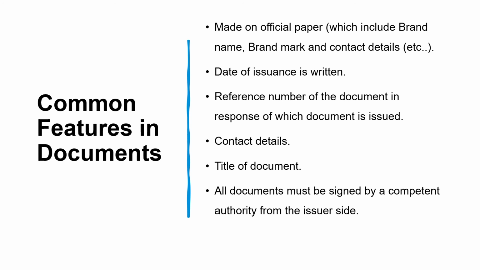This date is really important. Then there is a reference number of the document in response to which the document is issued. For example, if you are issuing a quotation for a letter of inquiry, you have to number all these documents based on relevance. And then contact details, the title of the document, and all documents must be signed by a competent authority from the issuer side.